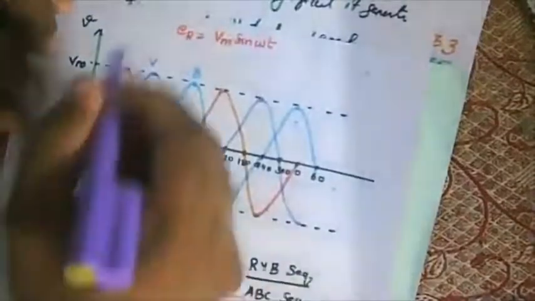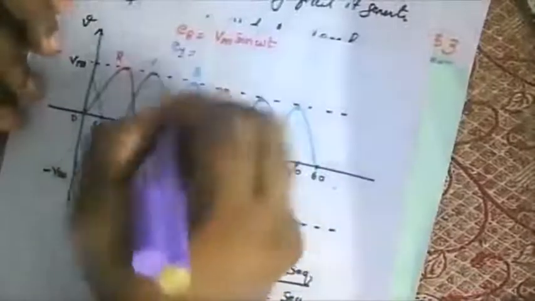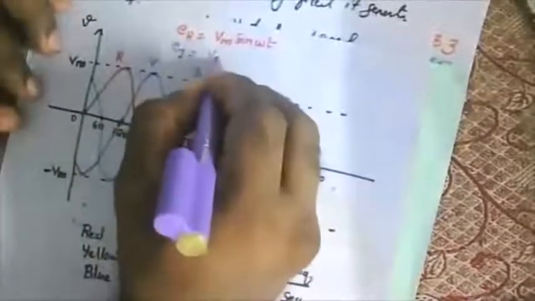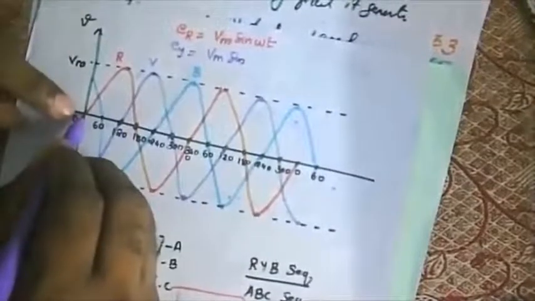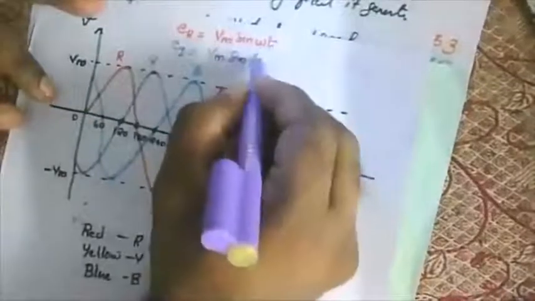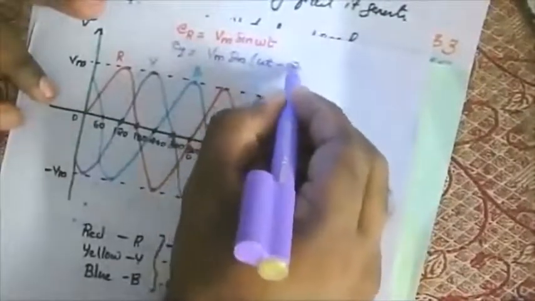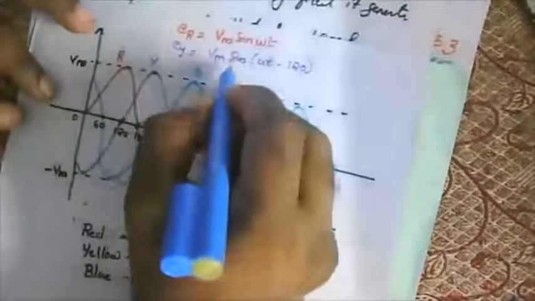What will be the equation for the second? Ey is equal to, again the maximum height is Vm sine. R starts at 0 degrees, this one starts at 120. So what will be the difference? Omega t minus 120. And what will be the third one?